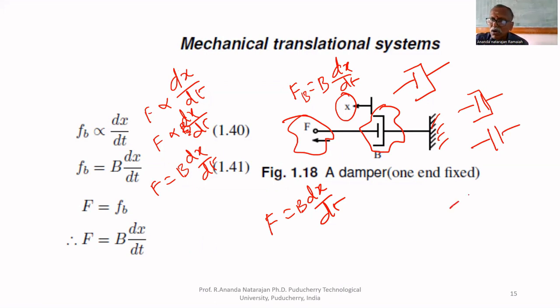How is a spring drawn? A spring will be drawn like this. This is not a separate spring. The mass has the property of spring. The mass has the property of dashpot. But you might have noticed in a DC analog meter, there will be a coil.